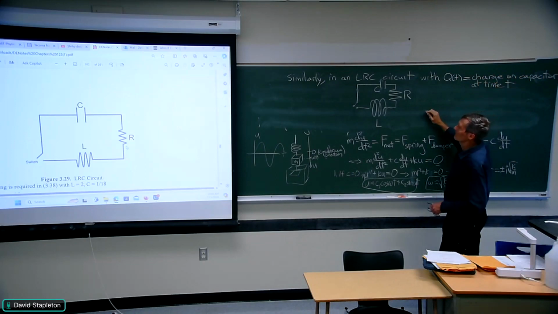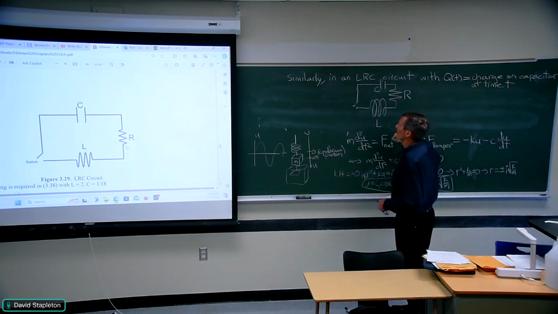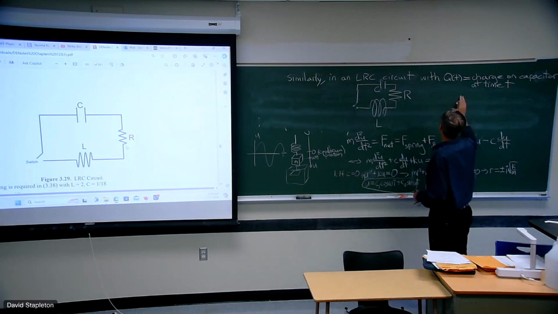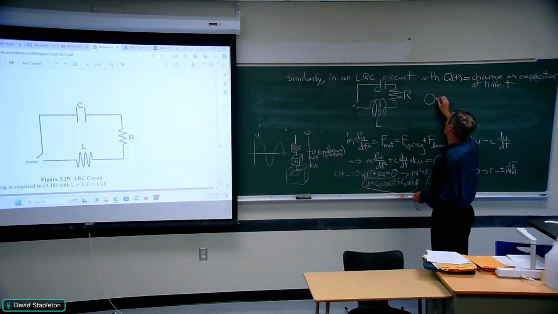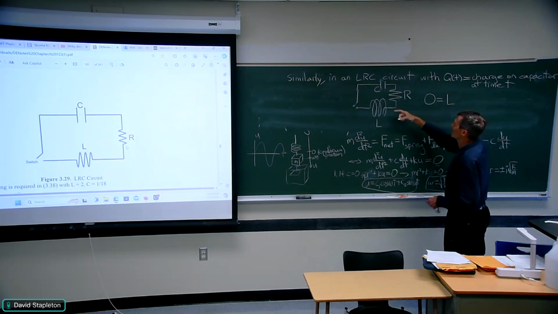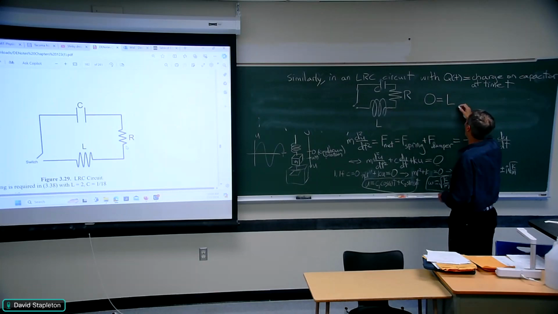Well, it turns out there's a voltage drop across here, and you get zero total impressed voltage. It has to be equal to the sum of the voltage drops across each of these things. And the voltage drop across an inductor here, this coil of wire, is L times d squared.